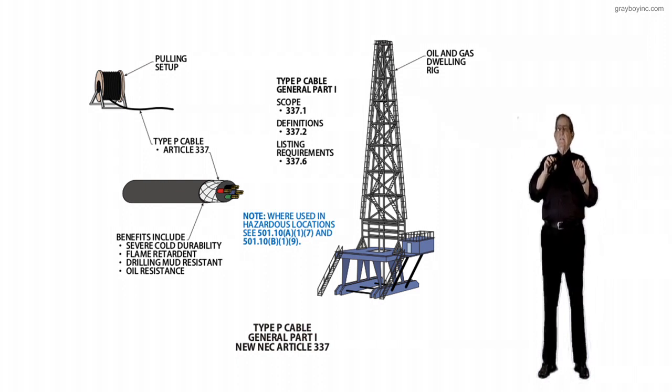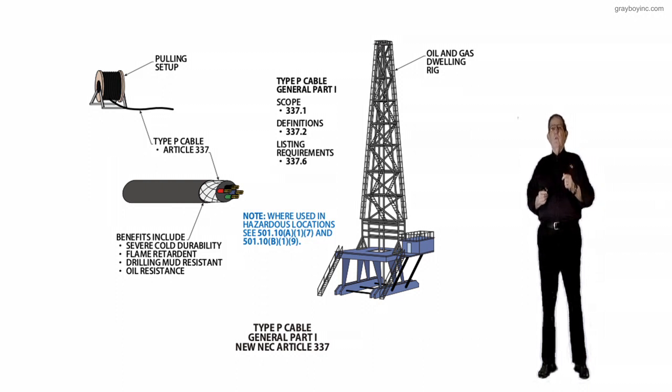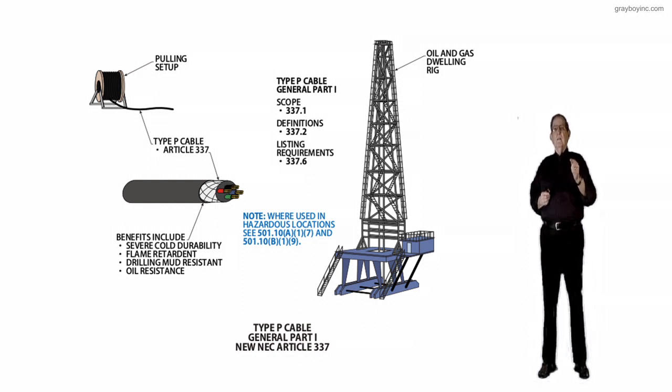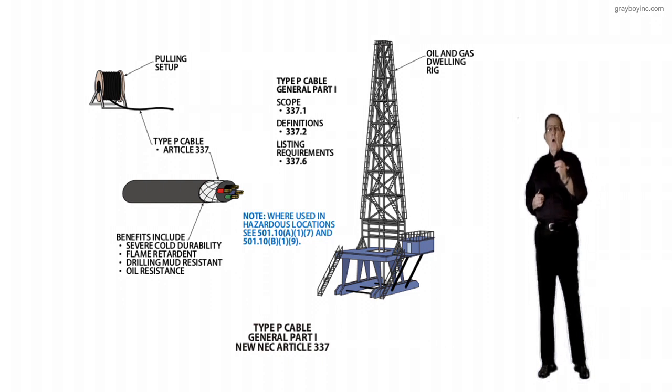The people in the industrial area and hazardous locations said, we don't like that. We had it all in 500.2 listed there. So in this 2020 edition, they took all the definitions, added some for classified locations, and made a new Part 3 to Article 100.